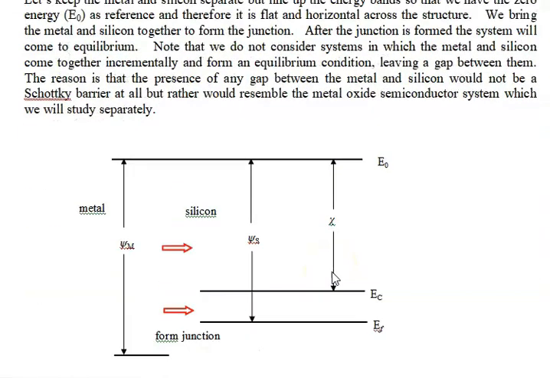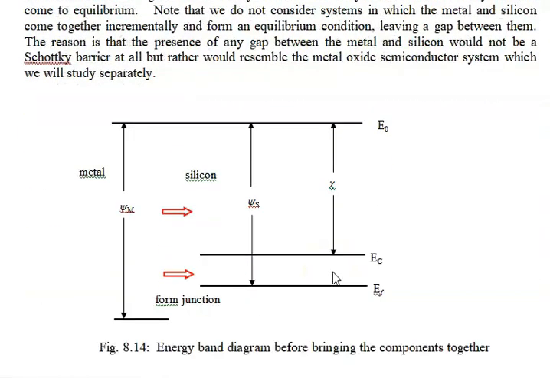Okay, so let's now look at the energy band diagram for a metal semiconductor structure. Now you'll notice there's a new level called E0 and 2 new terms. One is called psi and the other is called xi.